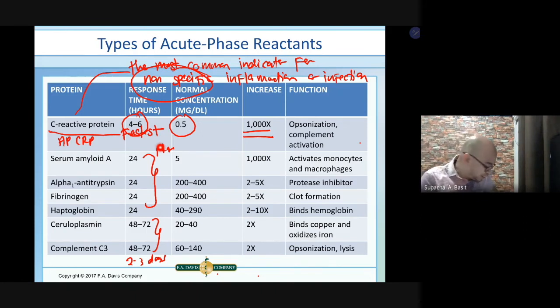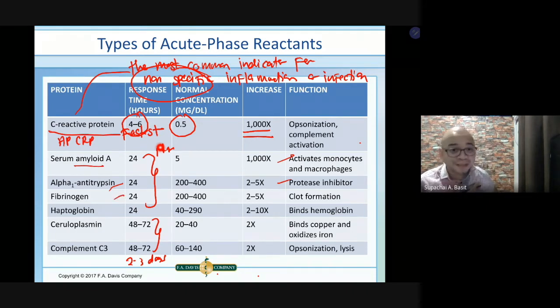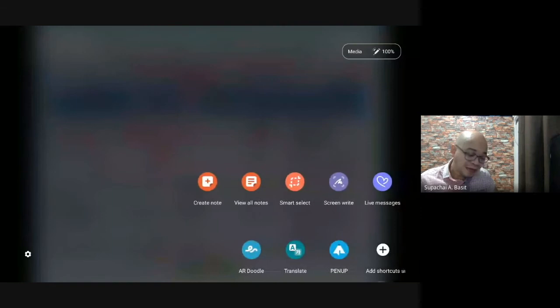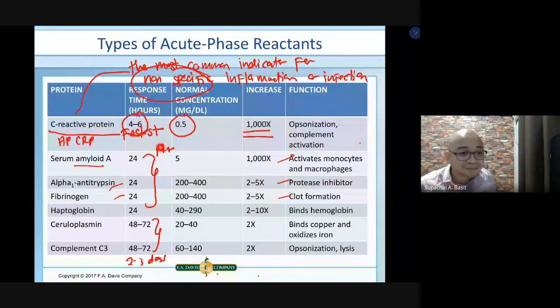So we have the serum amyloid A. It can activate monocytes and macrophages. And then the alpha 1 antitrypsin is a protease inhibitor. Fibrinogen, our serum protein, can actually initiate clot formation. Haptoglobin can bind with hemoglobin. Ceruloplasmin is a copper transport protein, and at the same time, it can oxidize iron.